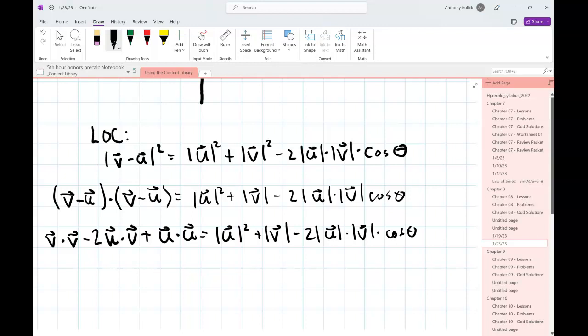Everybody's okay there? So I have v dot v and u dot u. I'm going to use property 5 of dot products again to rewrite that as the magnitude of v squared and then the magnitude of u squared.